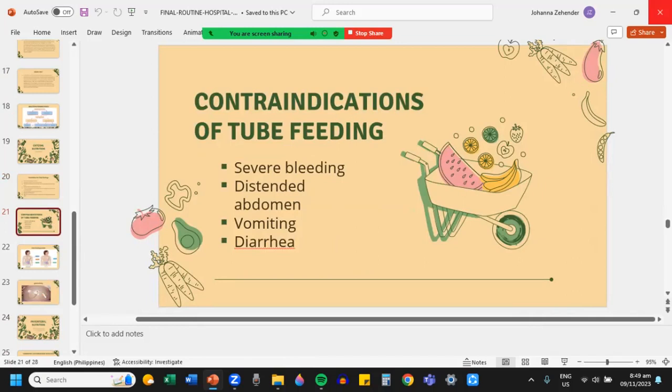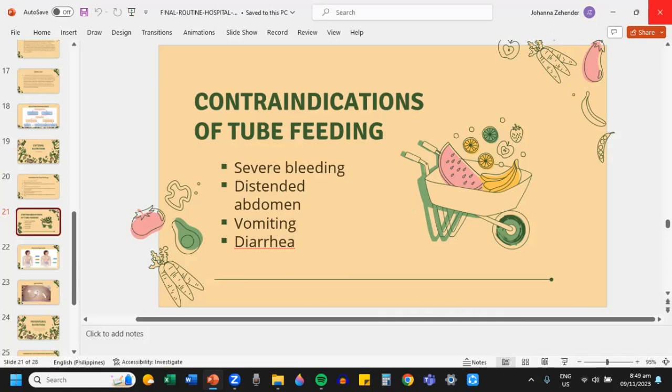Okay, so contraindications of tube feeding. So if the patient is experiencing severe bleeding, okay, so may mga instances kami noon na may patients kami, mga ICU patients with an NGT, but then pag aspirate namin ng gastric content, may coffee ground na output.